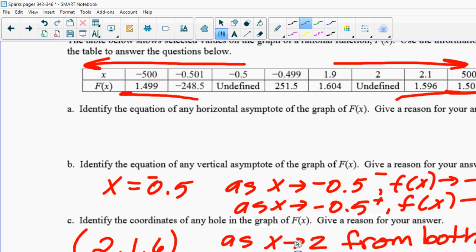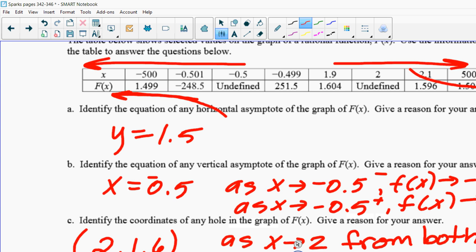But now you're thinking, well, why is it bigger than 1.5 on the right end and smaller than 1.5 on the left end? Yeah, it's because of that horizontal asymptote. This one is going to come at it from the top, and this one's going to come at it from the bottom. So horizontal asymptote is y equals or x equals? Y equals.